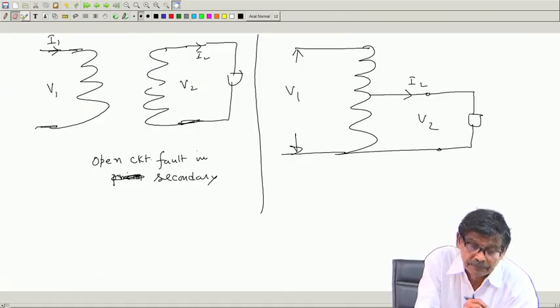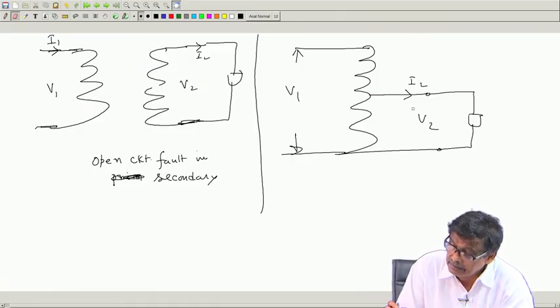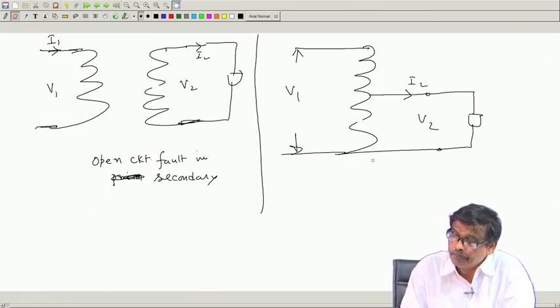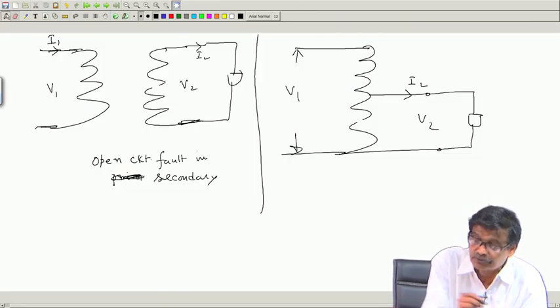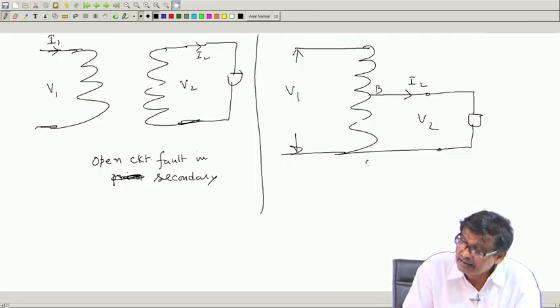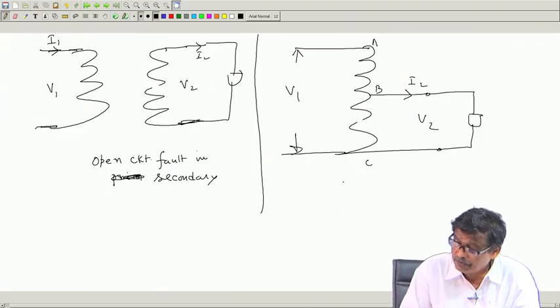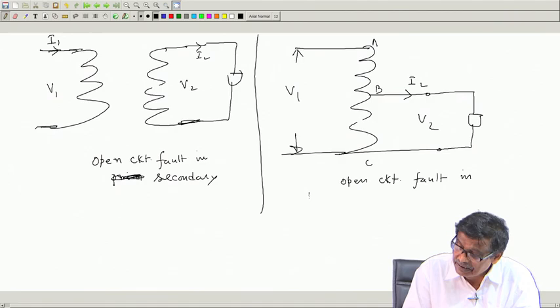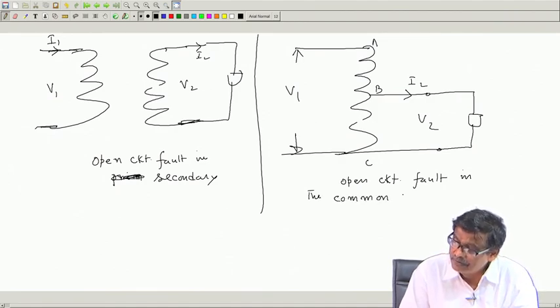Suppose it is doing like this, but what happens is this: an open circuit fault takes place in the common portion of the winding, that is the B C portion. Suppose an open circuit fault inside the transformer, in the common portion B C of the winding.